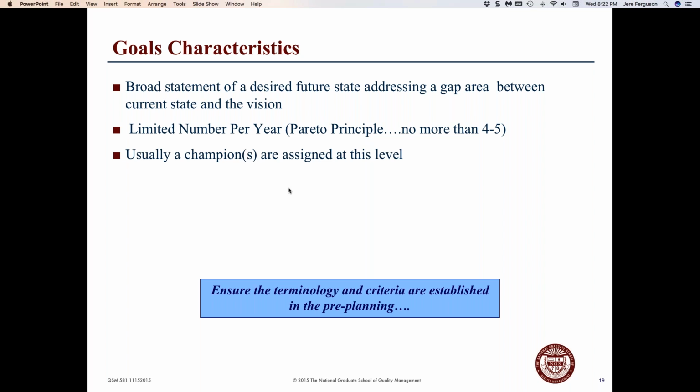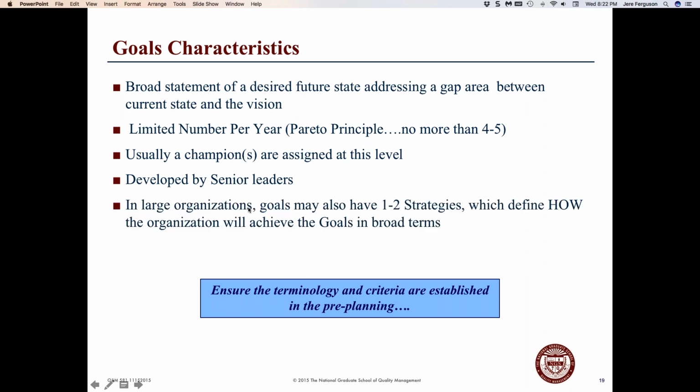Usually the champions are assigned to each level. So each of those goals is normally going to have someone assigned to it as being responsible for ensuring the organization addresses that goal. They're developed by senior leadership. So goals don't come from the bottom up. They normally come from the top down, and they come from the vision.